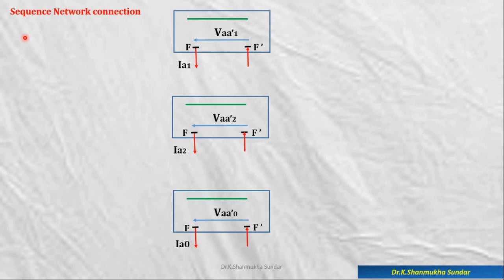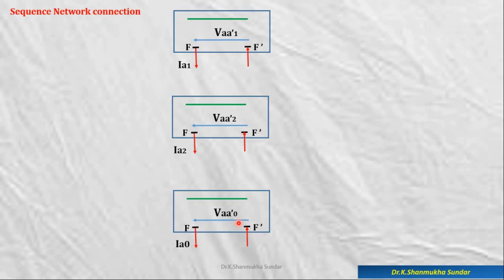Can you tell me which type of shunt fault you have experienced this type, where all the symmetrical components are the same? That is the LG fault, isn't it? Line to ground fault, you have seen that all the symmetrical components of voltages are equal. So two conductors open is similar to your LG fault. Is it clear?